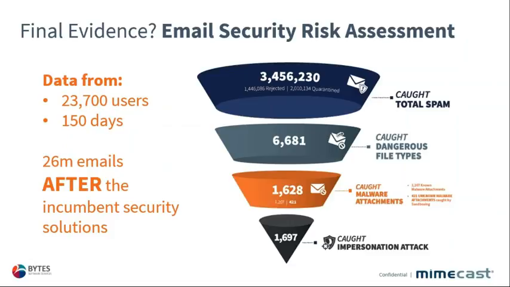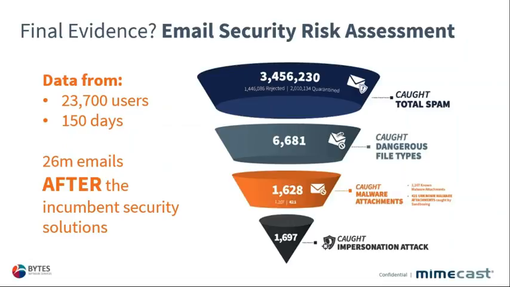This covered the likes of Office 365 security, Barracuda, Proofpoint, etc. So after it had already been cleansed and filtered, and the business was relying on that layer of security for its protection, we found 3.4 million spam messages that were left to go through.